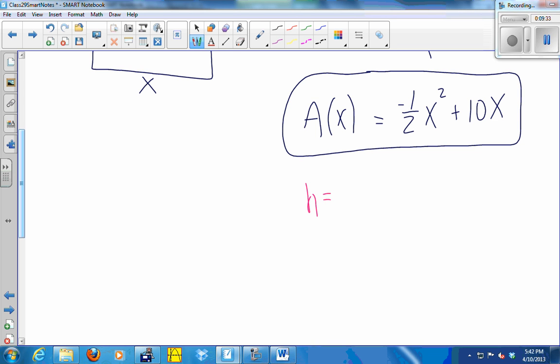Somebody's got to remember, we just talked about it Monday. Negative b over 2a. So I get negative 10 over 2 times negative 1/2, which is 10 over 1, which is 10.